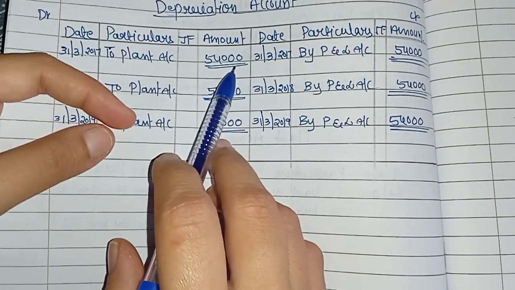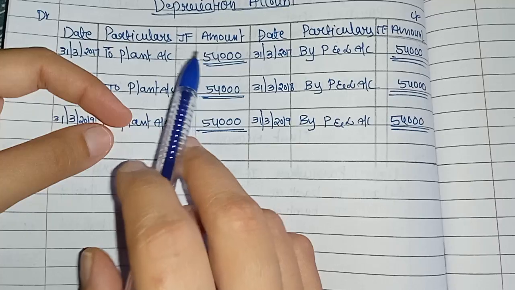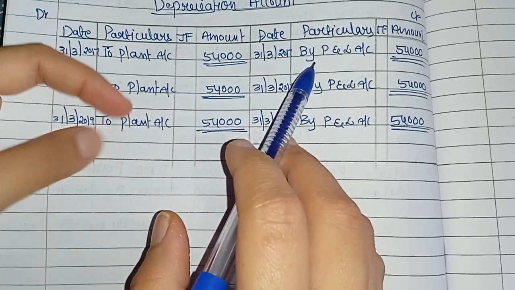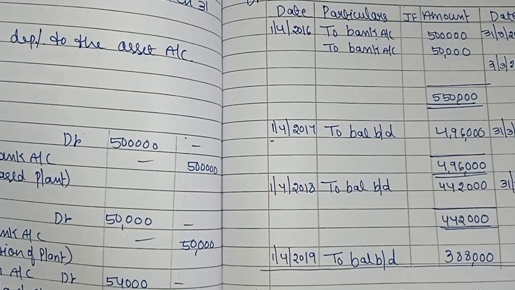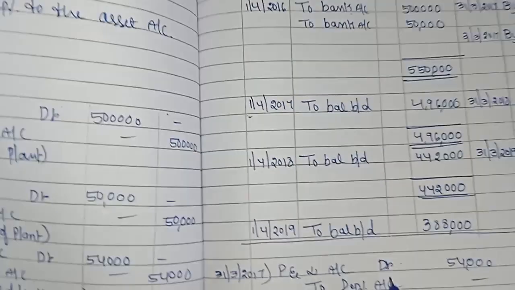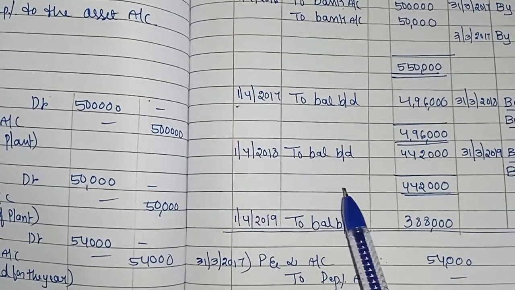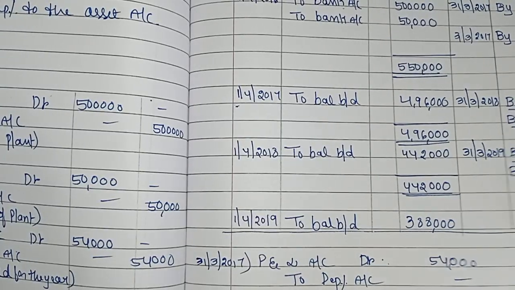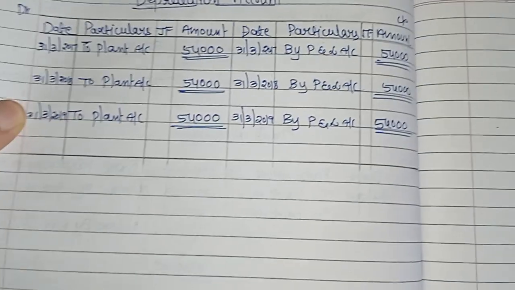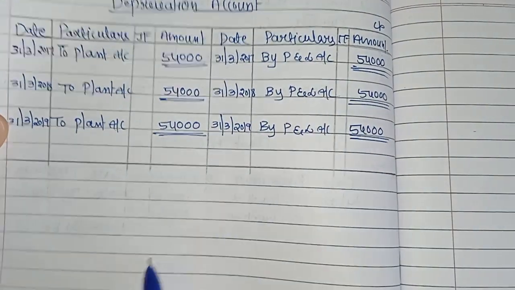And the transfer of depreciation entry is profit and loss account debtor to depreciation account. Here the profit and loss account is debited. So in the depreciation account, what do we have to do? We need to credit. That's it. That is the logic behind this ledger account. See, by profit and loss account 54,000.